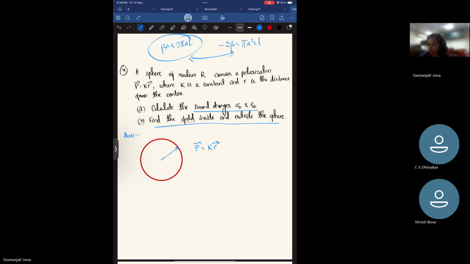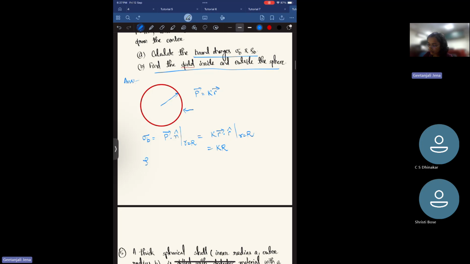So let me calculate. Sigma b is P dot n cap, and be careful while calculating sigma b because you should always put in the boundary values. Here we are calculating at the boundary surface of this sphere, so that is why r should be equal to capital R. P is k r r cap and n cap is r cap at r equal to R. So this will give kR.